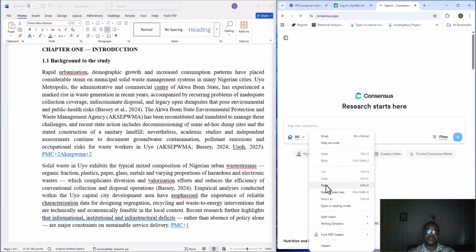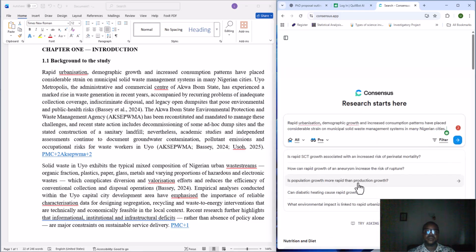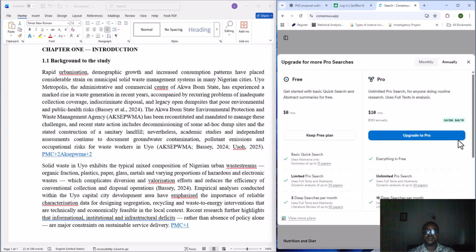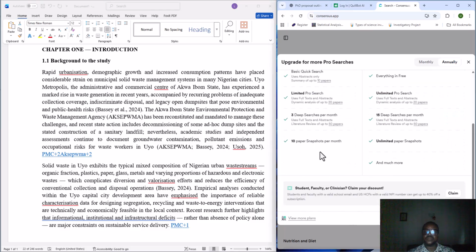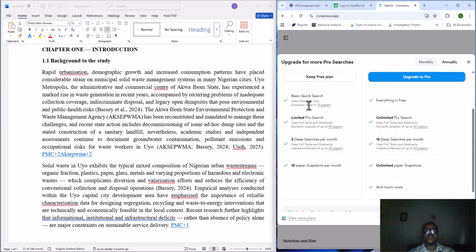If it doesn't go, then we leave that one. So free, okay. This is saying that you may need to, 10 paper snaps per month, okay. So it means that we have limited this thing for it.